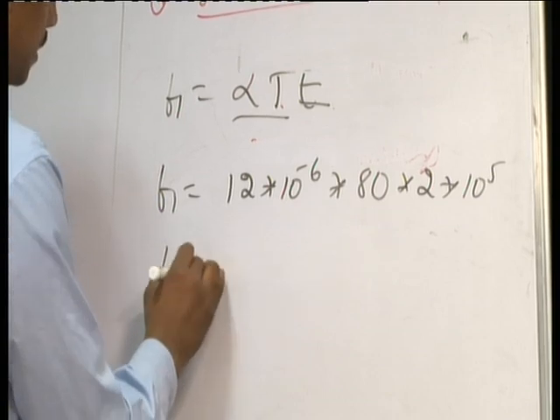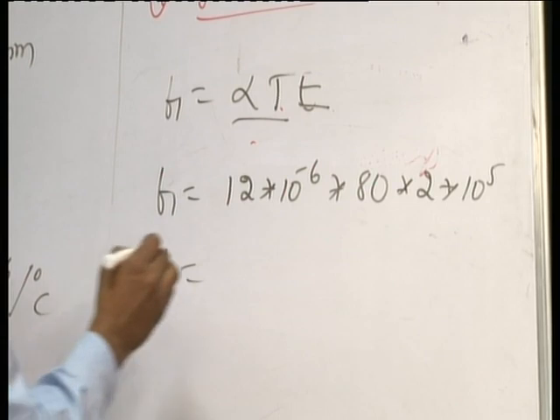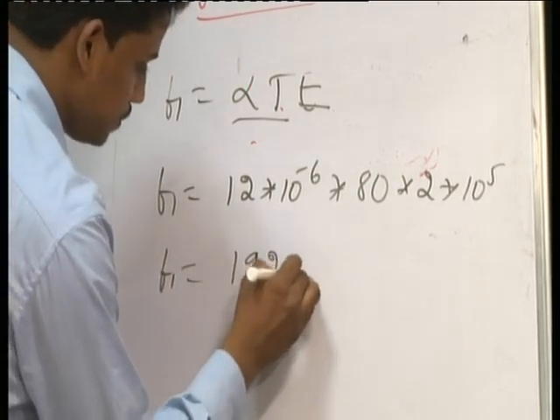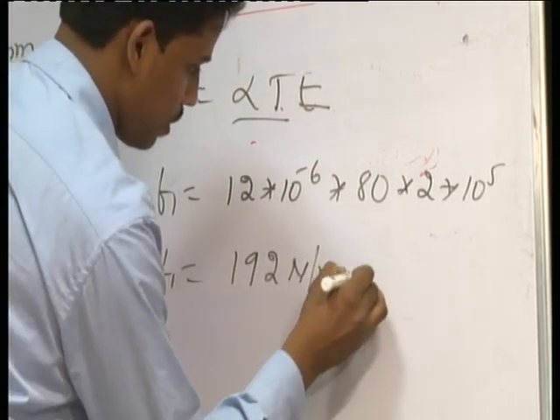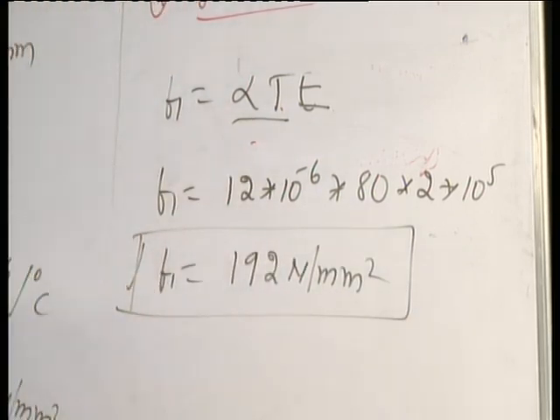We will get F1 as 192 Newton per millimeter square.